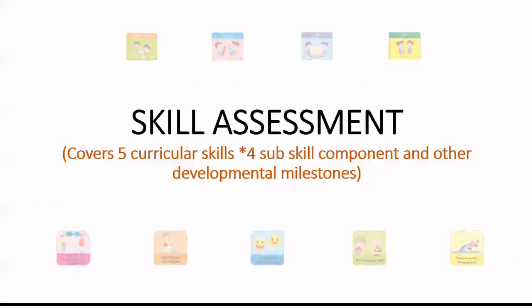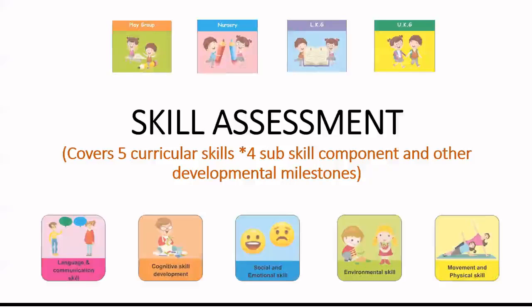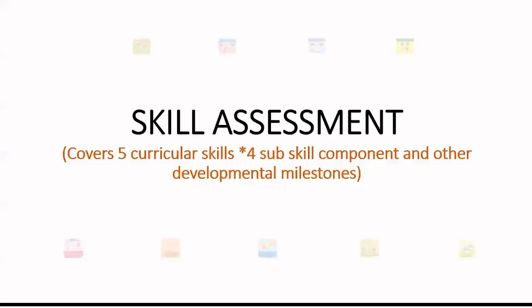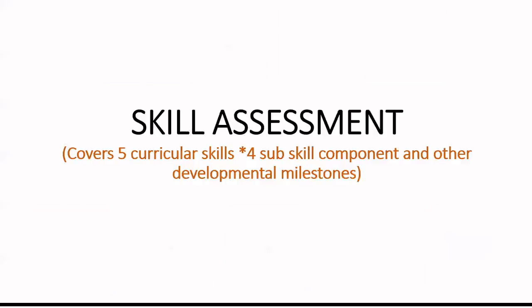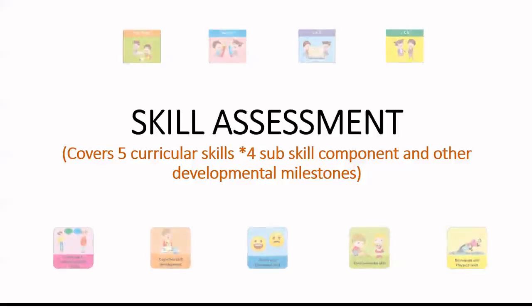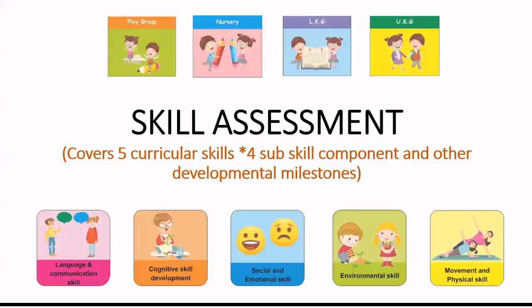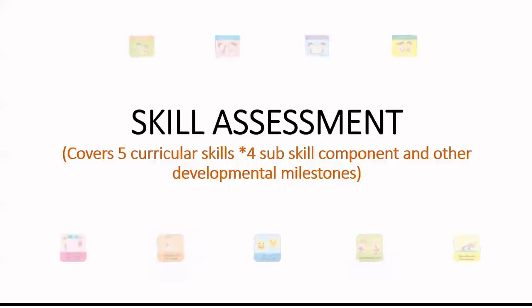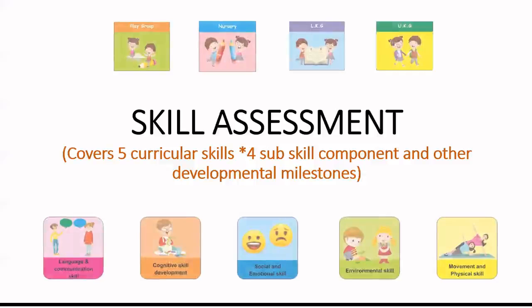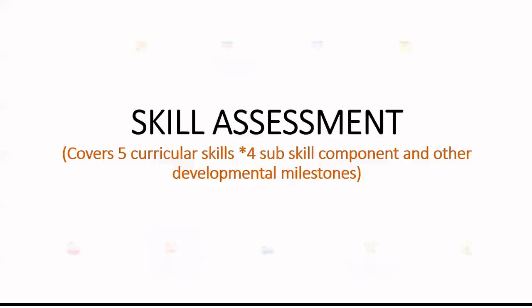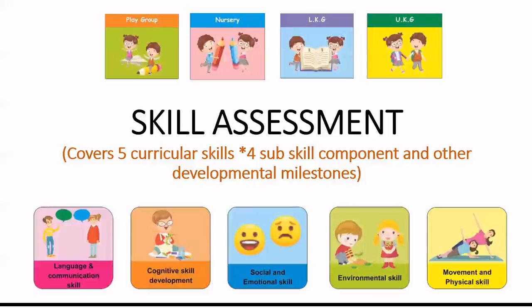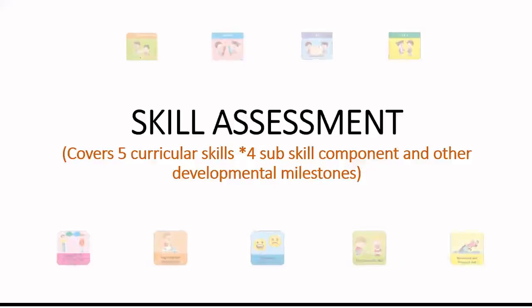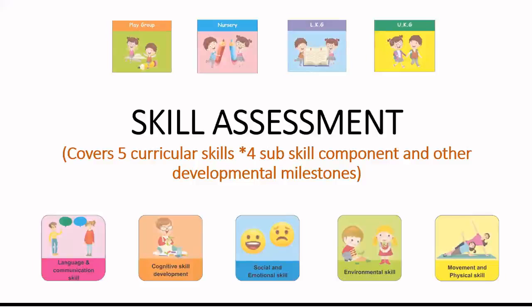If you have not gone through all the 4 sub skills under the 5 curricular skills, I request you, please go through the curricular and syllabus videos of Eduvarate Kids to get complete knowledge about these 5 curricular skills and 4 sub skills under each curricular skill. So overall, we are getting 5 into 4, 20 sub skills which need to be evaluated, which need to be assessed.